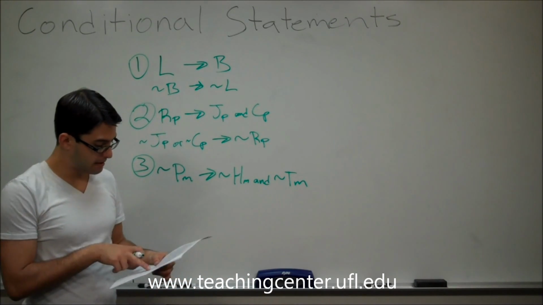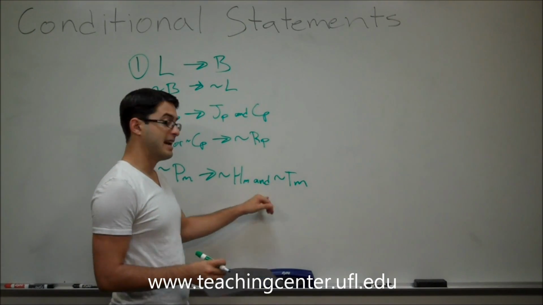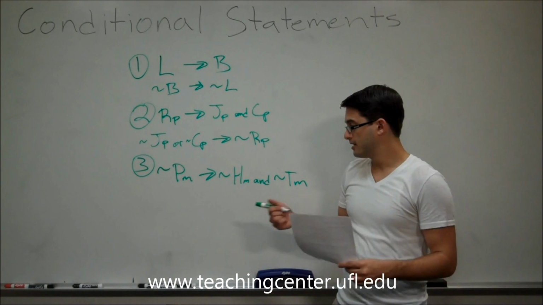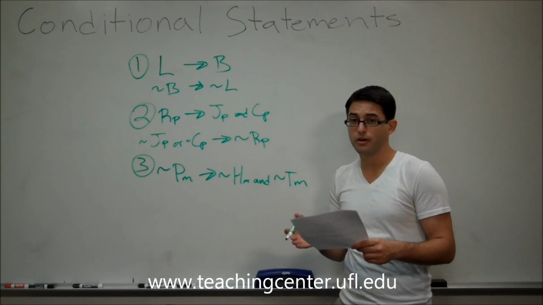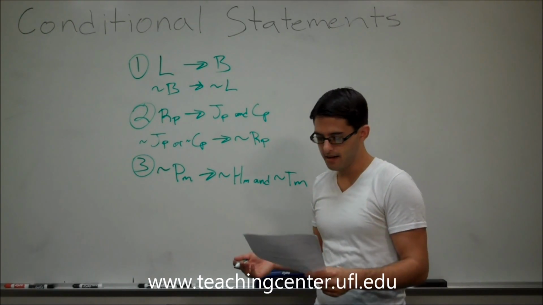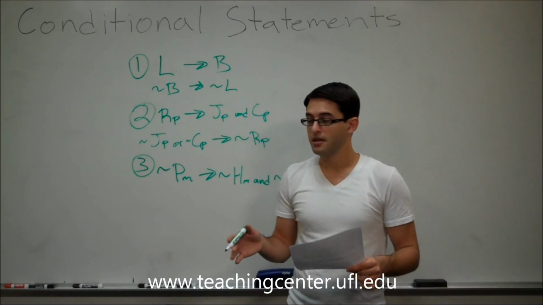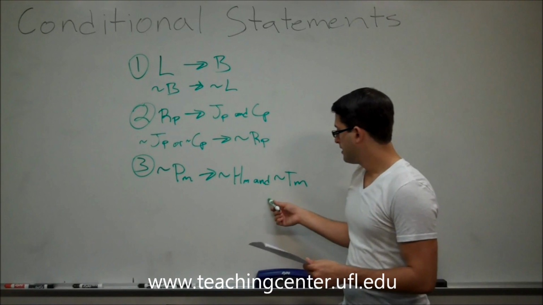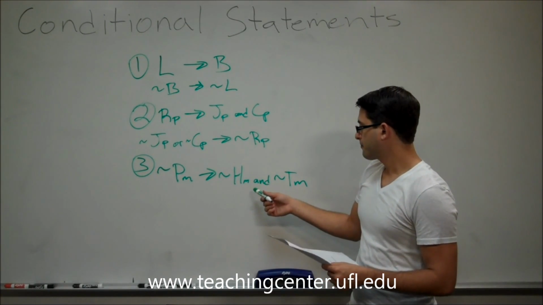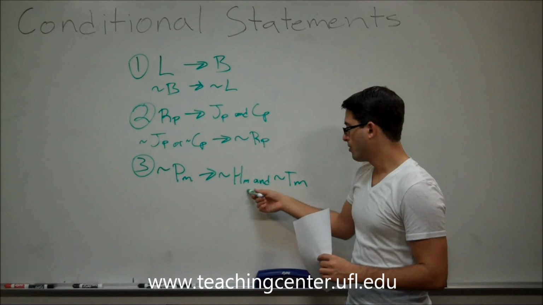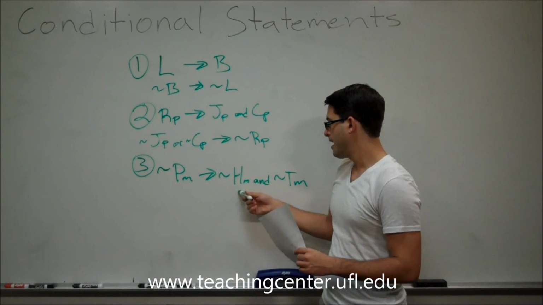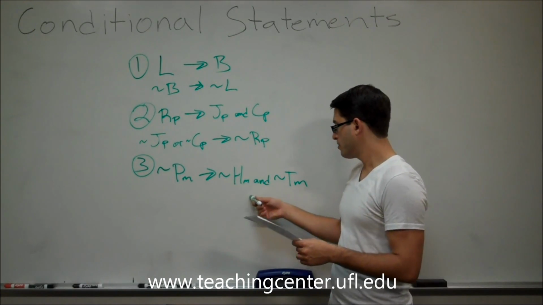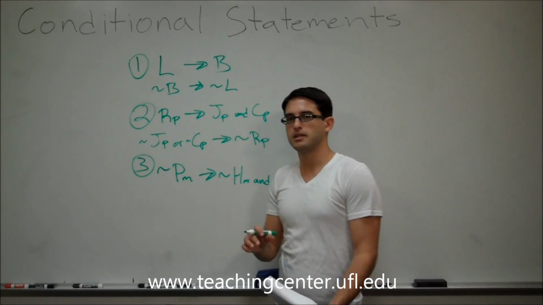Now, I realize it says nor, and I put an and. That's because in this case, neither nor is almost the same as saying and. If they wanted to say or, if they wanted to say that if Parker does not go to the movies, then Harold does not go to the movies, or Tom does not go to the movies, they would explicitly give an or.